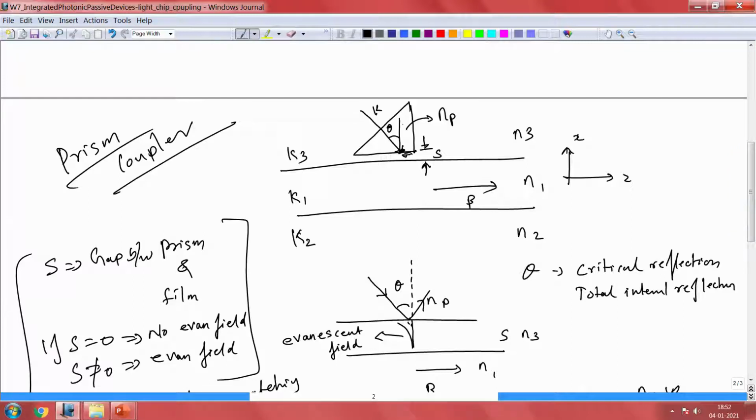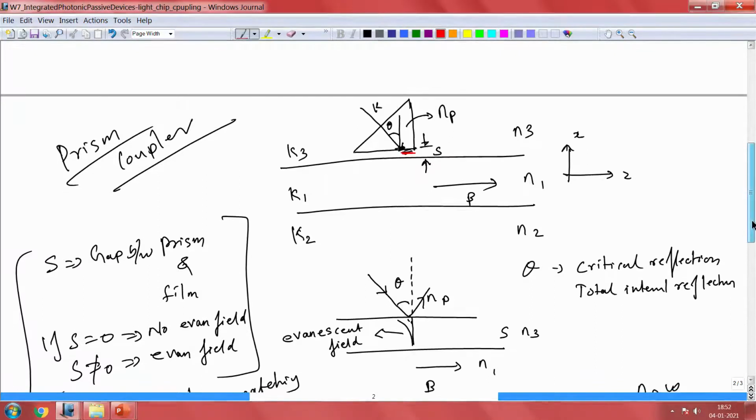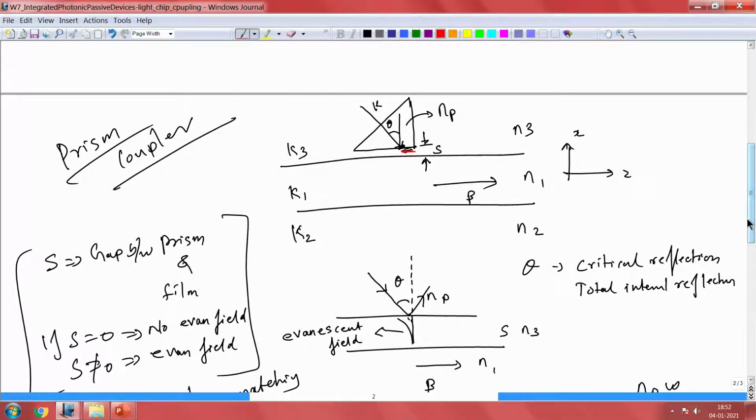because it has to have this distance between the corner that I am marking here in red. So, there should be some distance between these two. If there is no distance, then you will not have that beta propagating. Okay.